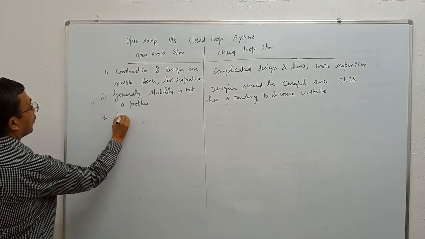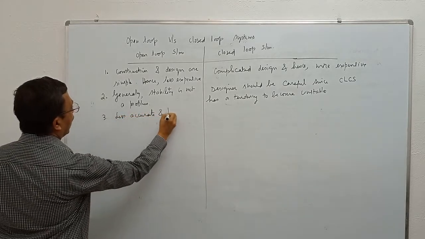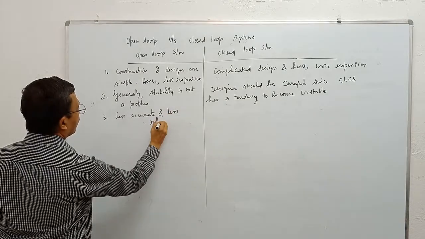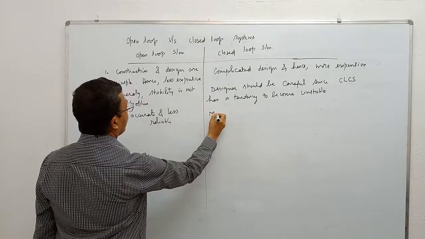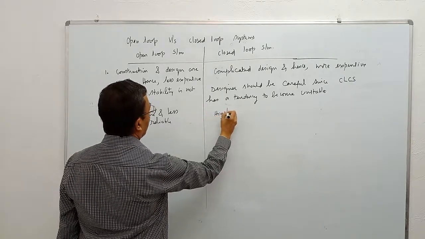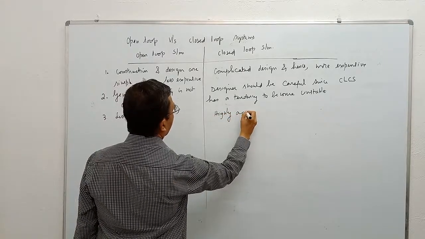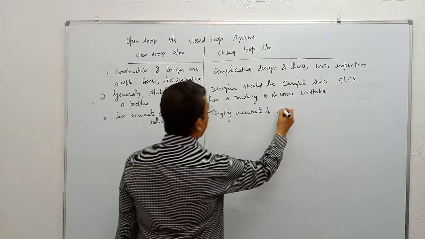Third one, open loop is less accurate and less reliable. Closed loop is more accurate, highly accurate and highly reliable.